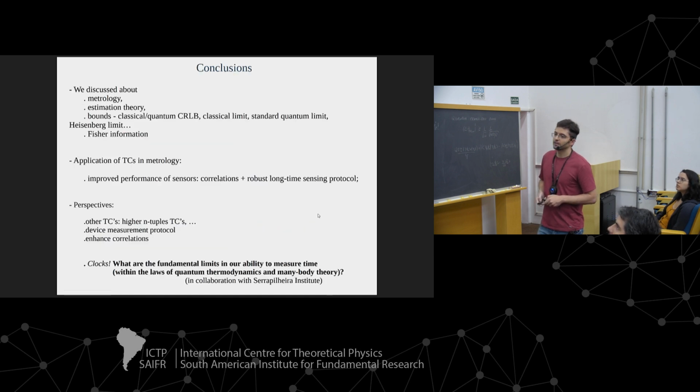Okay, so given that, to go to my conclusions, I just tried to talk about this metrology, how we use Fisher information, how the different bounds classify or characterize the precision of sensors, and how we can use these ideas in time crystals in order to improve the performance of sensors.